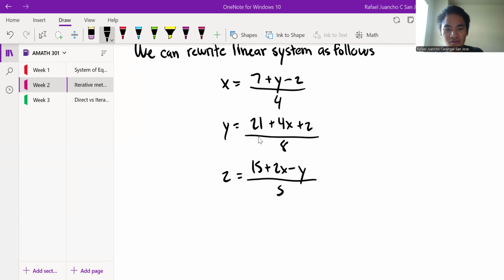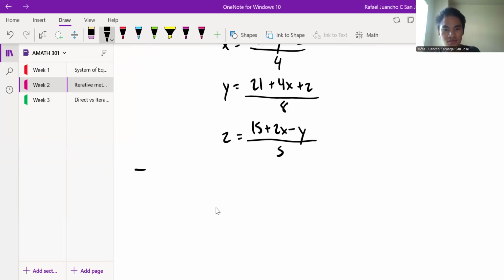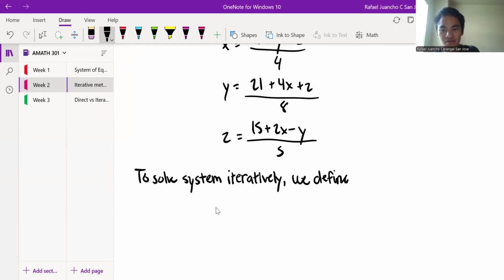And now to solve the system iteratively, we define the following Jacobi iteration scheme, right?